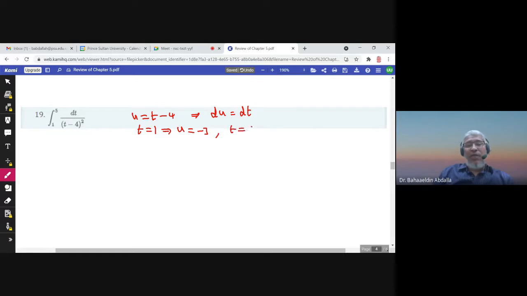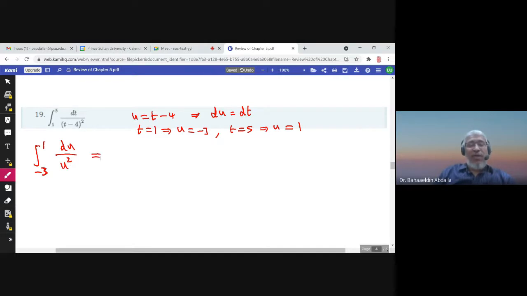And if t is 5, u is 5 minus 4, which is 1. So this integral would be from -3 to 1. dt is du and t minus 4 is u, and the square is there.